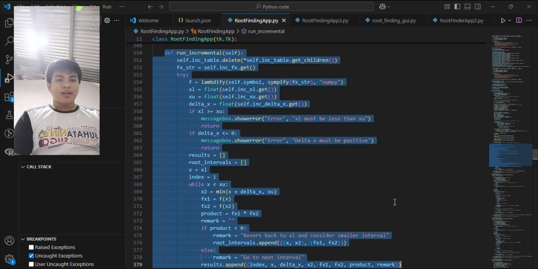Step 3. Loop through increments. For each iteration it computes x1 equals x0 plus delta.